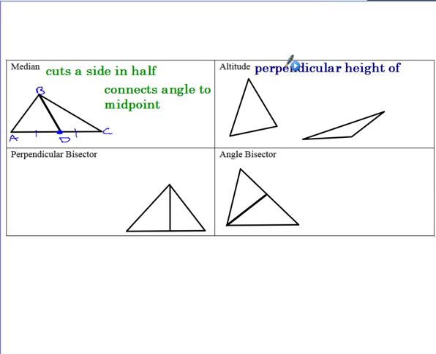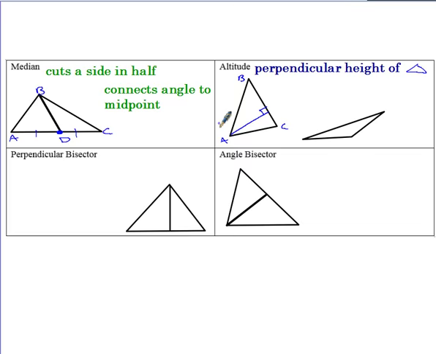An altitude. An altitude is the perpendicular height of a triangle. Perpendicular being the key word there. So if I had a triangle, once again, I'll just call it ABC. If I wanted to draw the height from, let's say, angle A, it could look something like this.